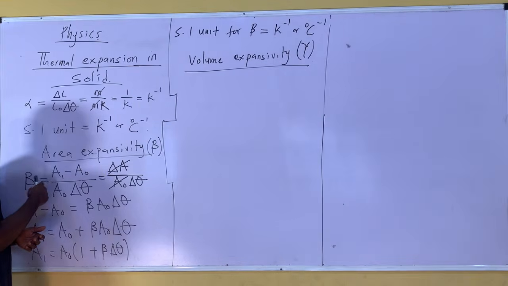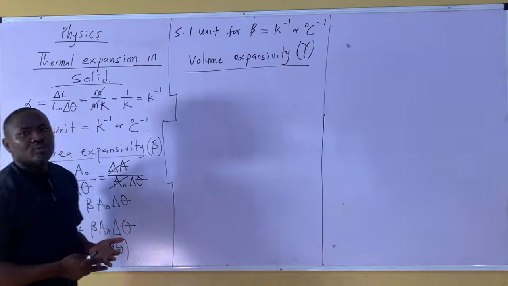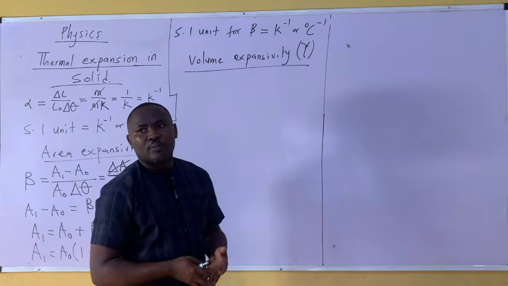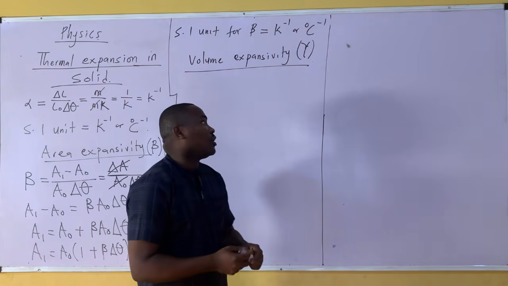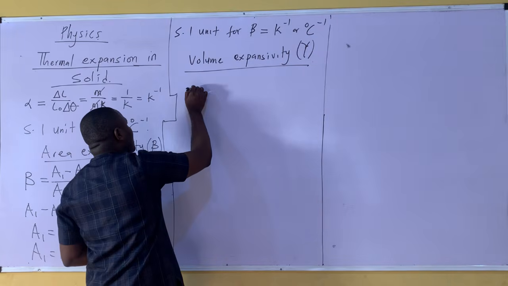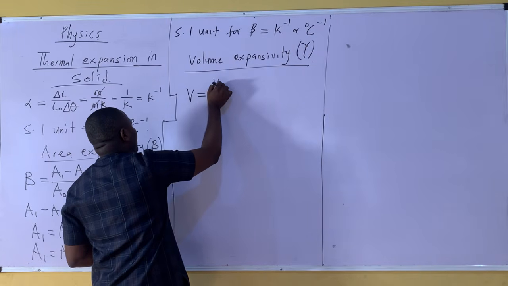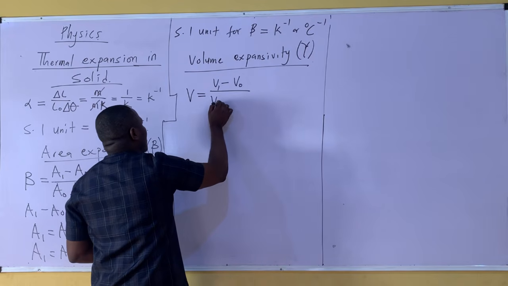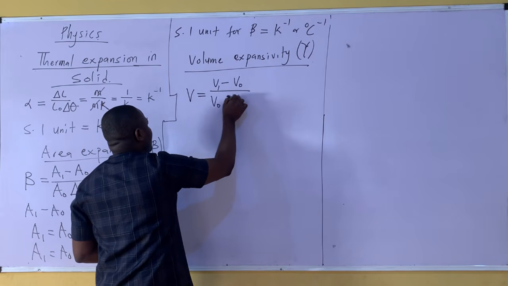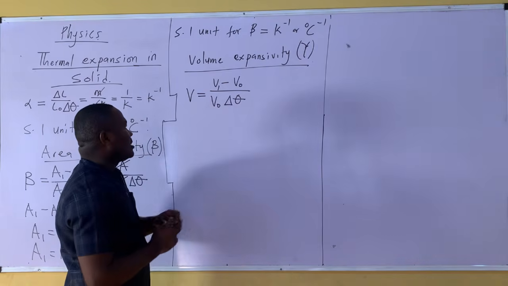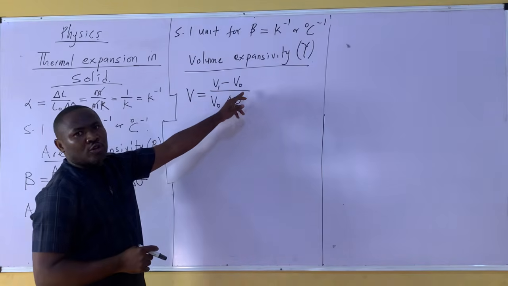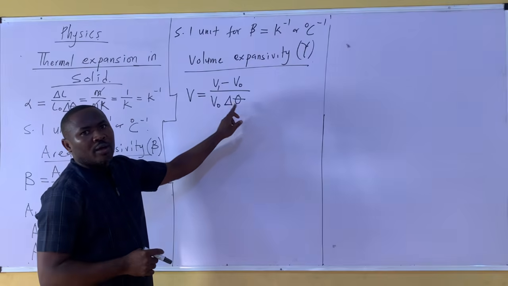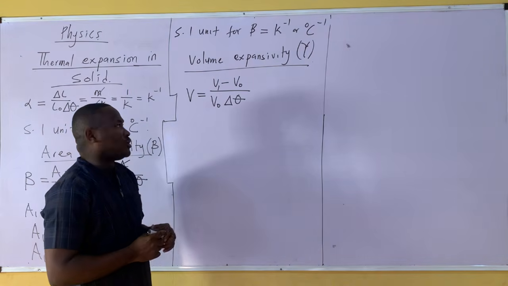You can use the same definition we used in length. It is increase in volume per unit volume per degree rise in temperature. So gamma is equal to V1 minus V naught over V naught change in temperature. I reiterate, it is change in volume per unit volume per degree rise in temperature.